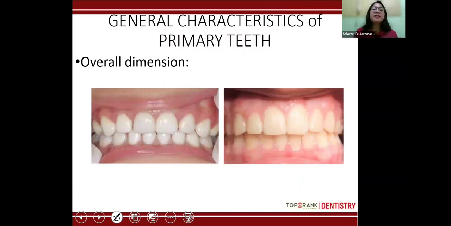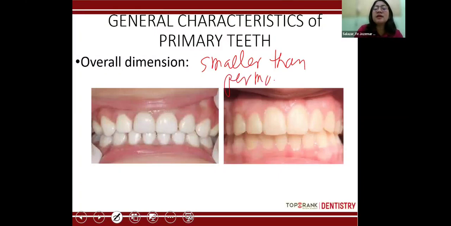Alright? So these are the general characteristics of your primary teeth. So overall dimensions niya, syempre, smaller than permanent. Crown length, root length, okay? So mas maliit siya. Mesiodistally, facial-lingually, mas maliit talaga siya, whether anterior or posterior.